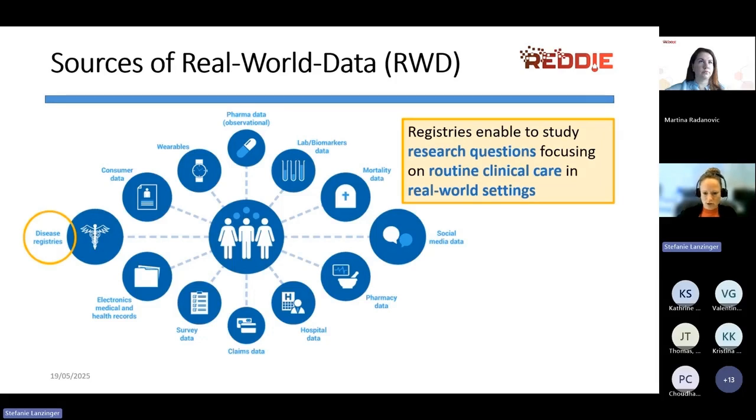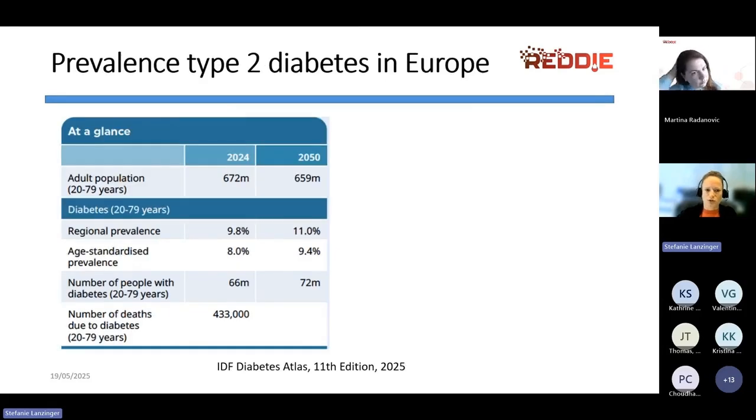And before we introduce the 4 registries, we will have a short look into the current prevalence of type 2 diabetes in Europe. So in Europe, in the adult population between 20 to 79 years of age, we have a regional prevalence of 9.8%, and this refers to 66 million people with diabetes living in Europe.